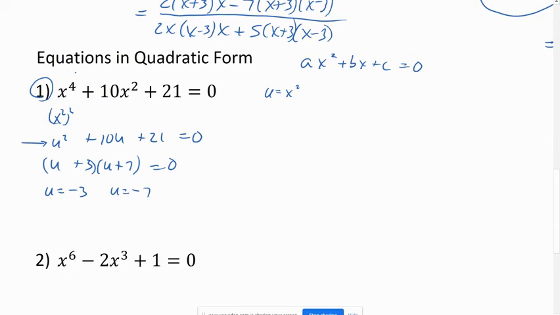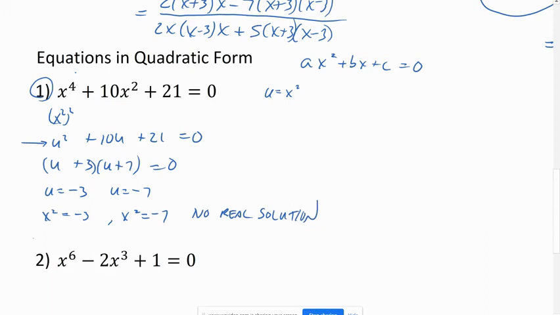So now that we know that u is equal to x squared, we would say x squared equals -3 or x squared equals -7. Both of these have no real solutions because you can't square a number and get a negative answer.